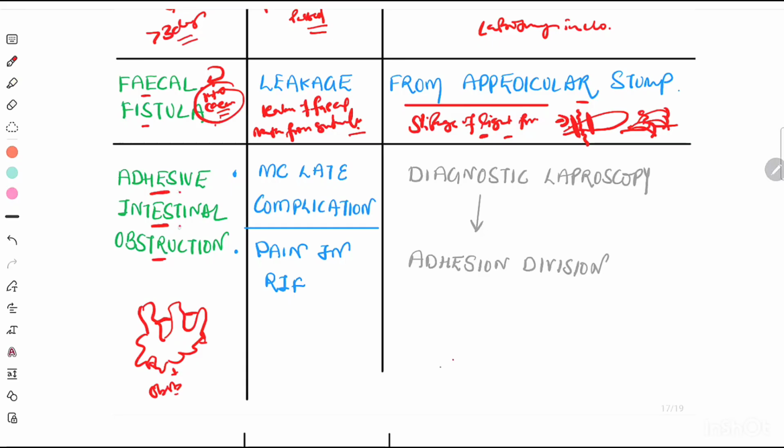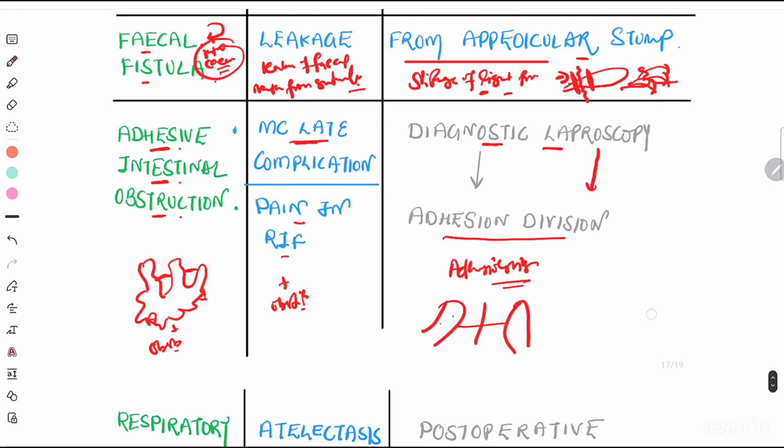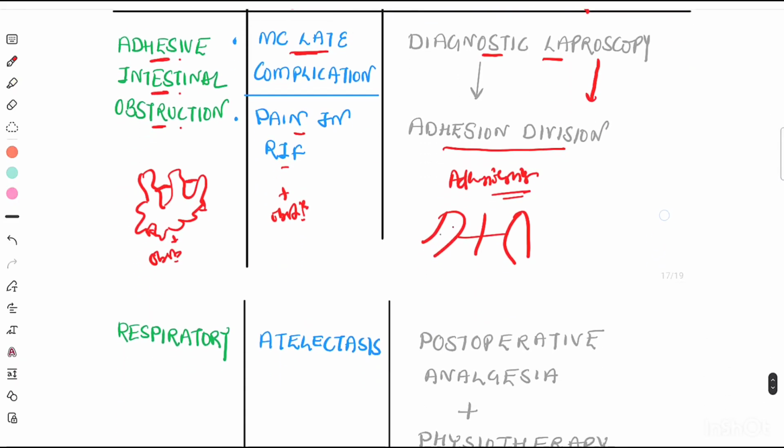This is known as adhesive intestinal obstruction, which is the most common late complication of appendicectomy, and the patient will come with pain in the right iliac fossa or with obstipation. In this case we are going to do a diagnostic laparoscopy, and with the help of the laparoscope we will do adhesiolysis. We are going to break these adhesions with the help of laparoscopy. So this is the most common late complication of appendicectomy.